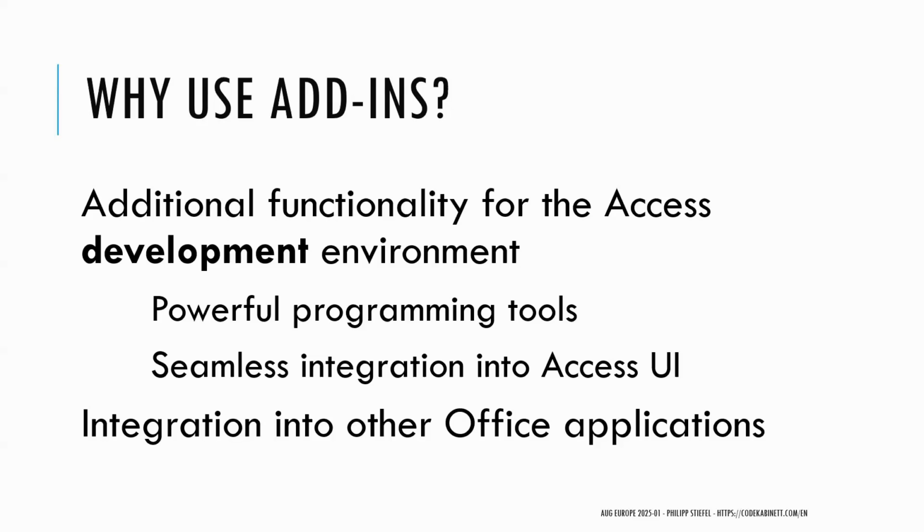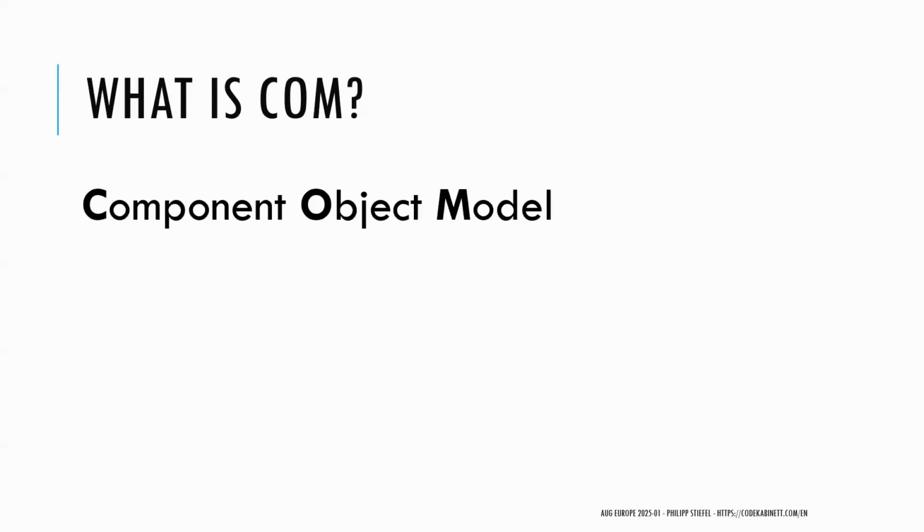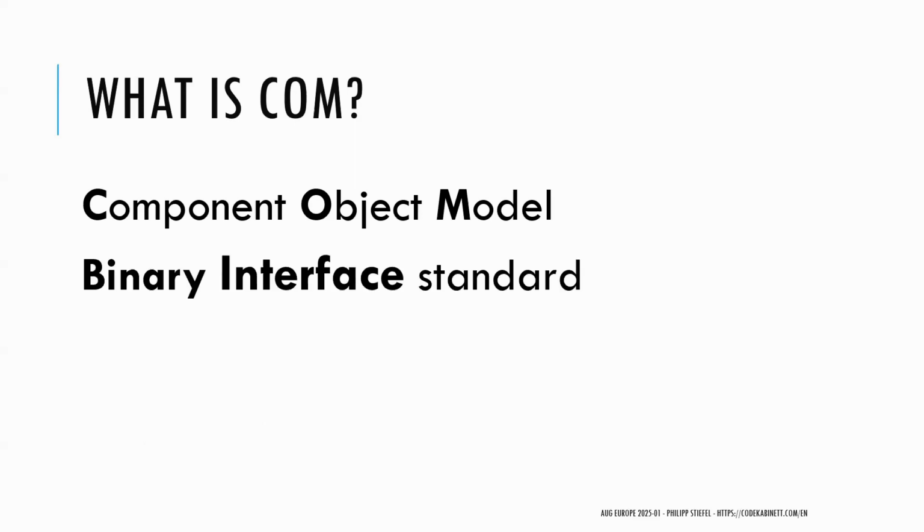I will skip over that for now and rather ask the question, what is COM? Well, the easy answer is it's a component object model, but that doesn't really answer your question. So the more comprehensible, important bit is it's a binary interface standard.